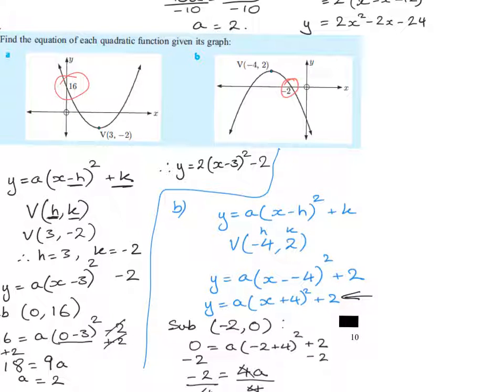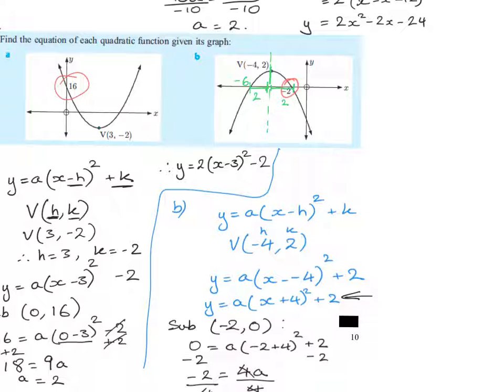Also, girls, there's another way you could have done that. I'll just quickly explain. Girls, here's the axis of symmetry because it always goes through the vertex, right? What's the distance from here to here? If this is at x value of negative 4, that distance there is 2, which means that distance here is also 2. So what's that x-intercept?